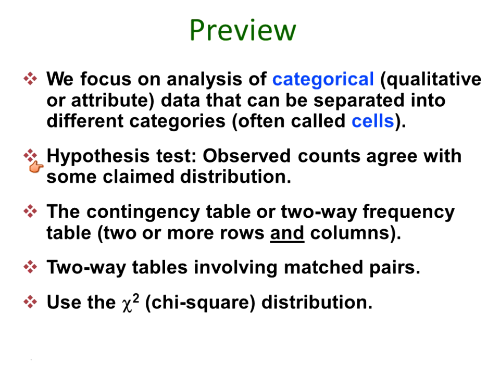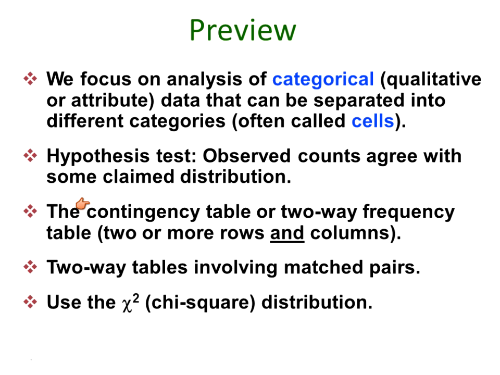Okay, so our hypothesis test, it's observed counts that agree with some claimed distribution. So our hypothesis tests are going to be what's observed. It's our observed counts, and they agree with whatever's claimed. We're going to have a contingency table or a two-way frequency table, and it has 2 or more rows and columns.